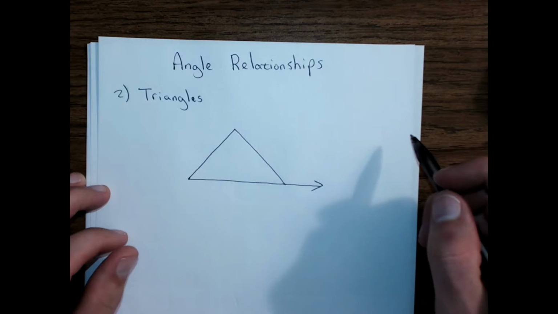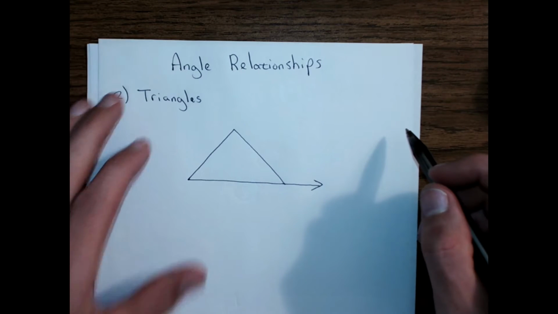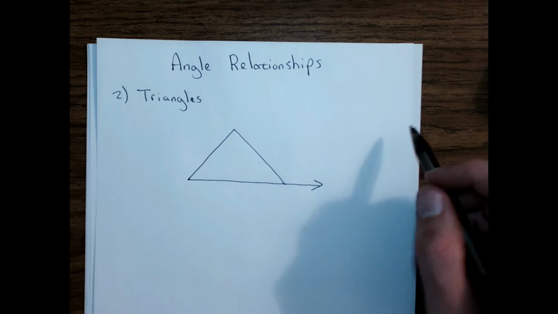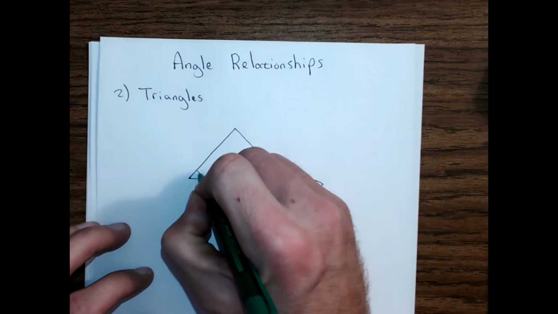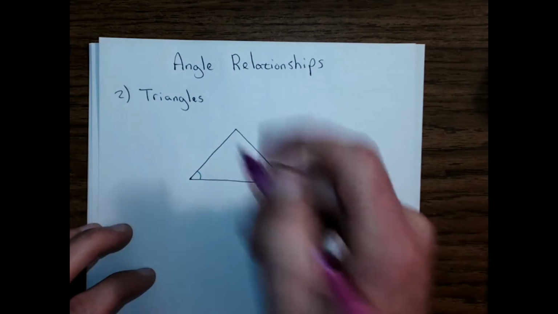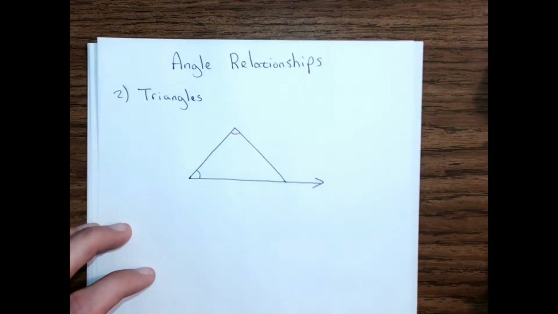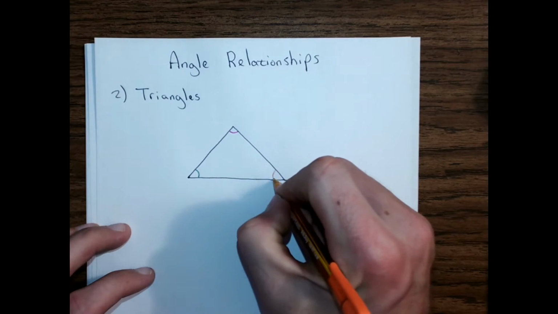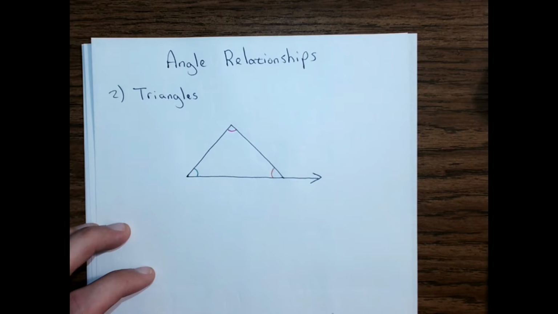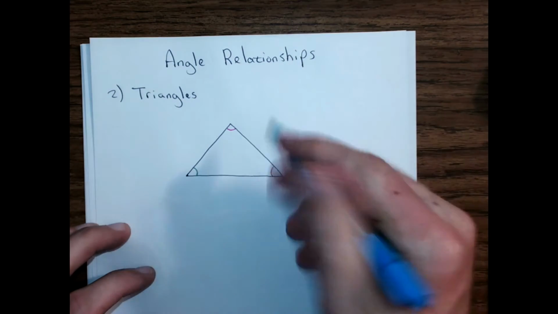The next set of angle relationships we want to look at come from the interior and the exterior angles of a triangle. Here are the interior angles, the ones on the inside, and we have this one on the outside that's an exterior angle.